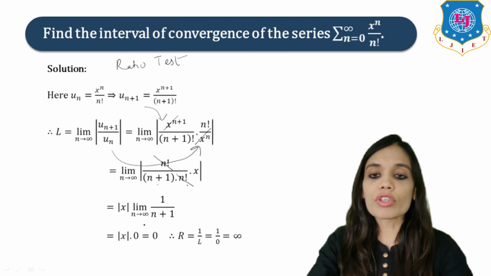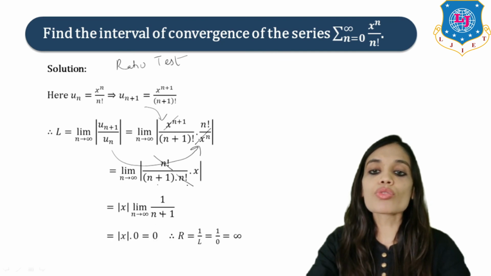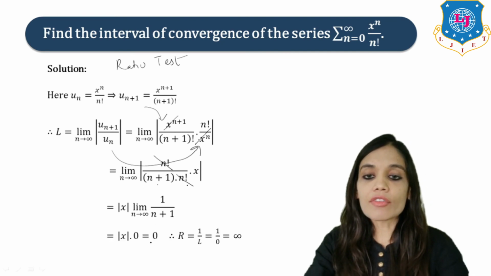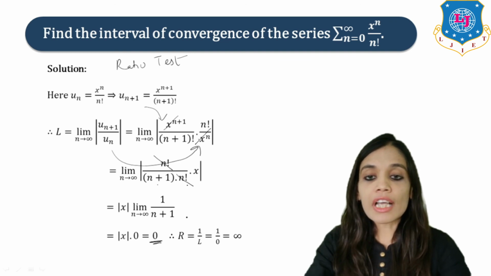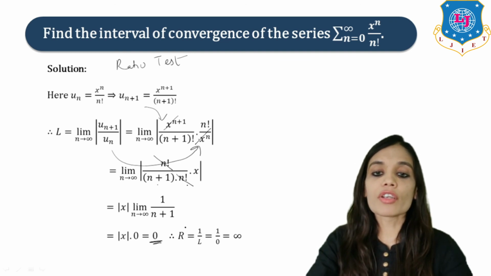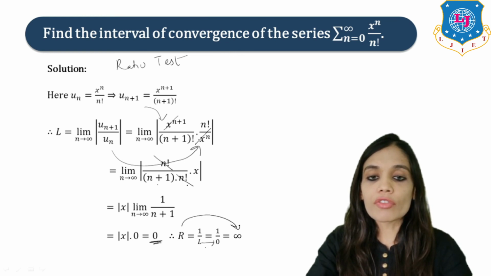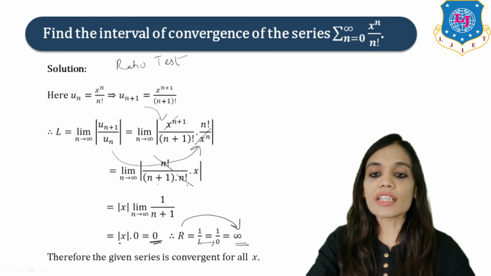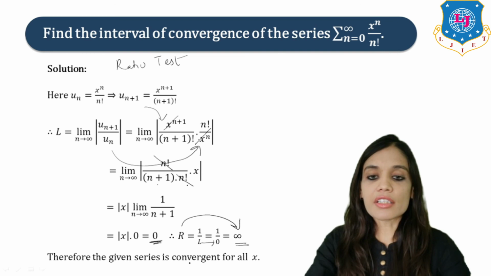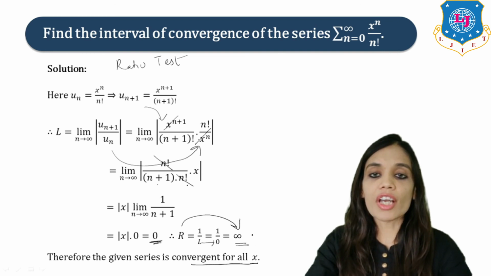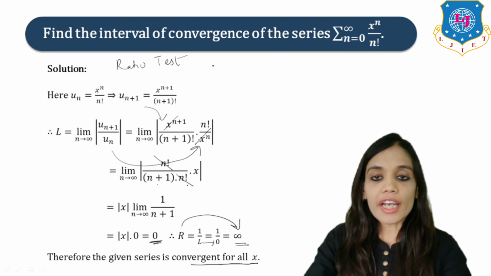Now as n tends to infinity, this limit will go to 0. So our L is equal to what? 0. Now from the formula of radius of convergence, R is equal to what? 1 upon L. L is 0. So finally our radius of convergence is what? Infinity. So from this we can say that our given series is convergent for all the values of x, right?